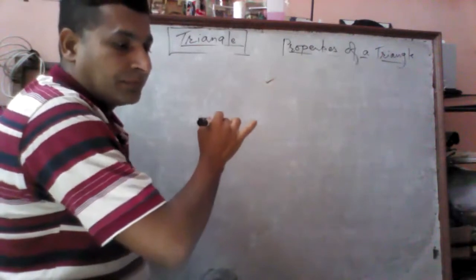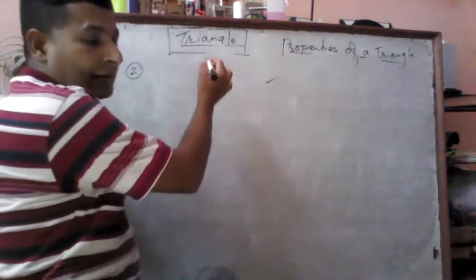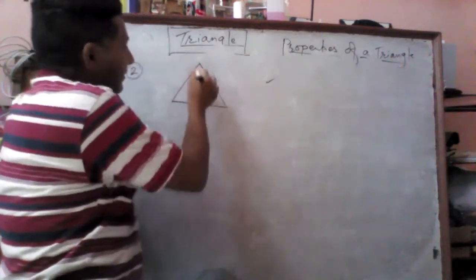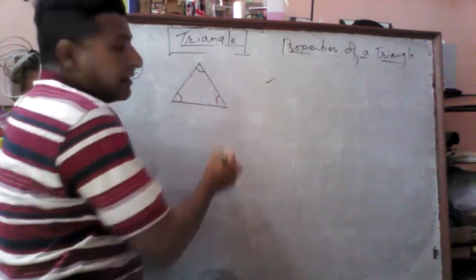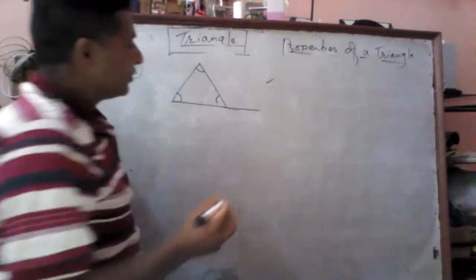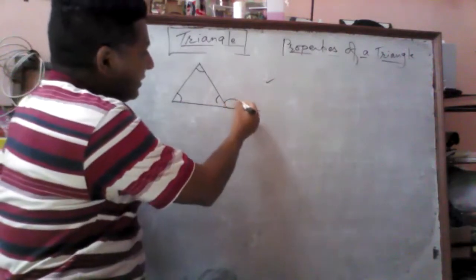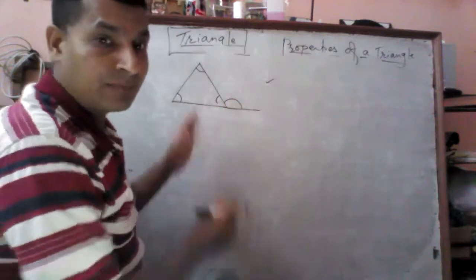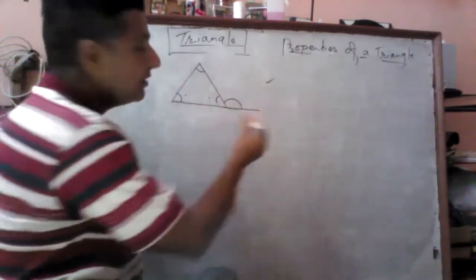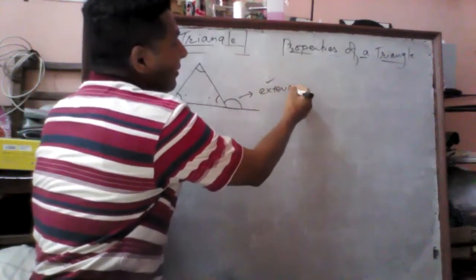First of all, you see if here is a triangle. These angles are called interior angles, and if we extend a side, we can see another angle formed, but that angle is not inside the triangle, it is outside the triangle, so it is called an exterior angle.